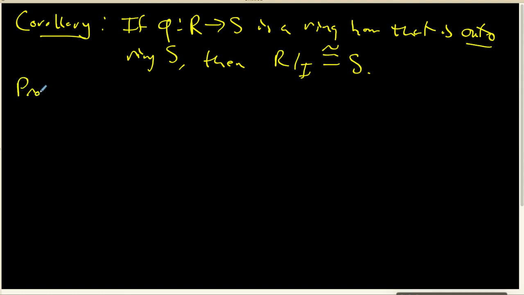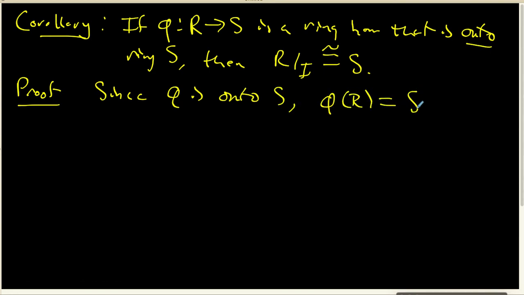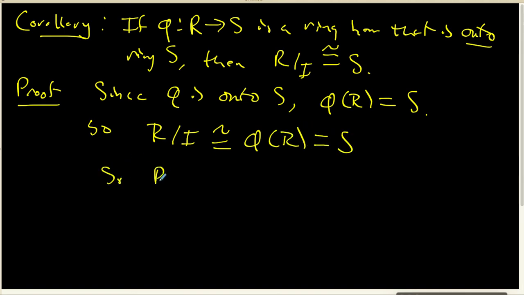And the proof here is very easy. The proof is a one-liner. Since phi is onto S, the image of phi is equal to S, and so R mod I is known to be isomorphic to the image of R, but the image of R is equal to S, so R mod I is indeed isomorphic to S itself.